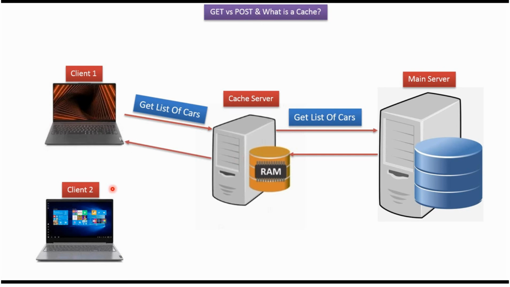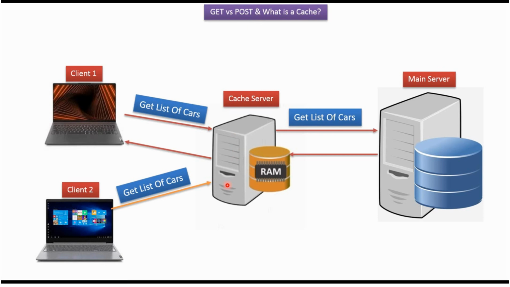The cache server saves the list of cars details in the cache server and then sends it to client 1. Then after some point of time, client 2 requests get list of cars to the cache server. The cache server will check whether the list of cars information is there or not, and it will be there because in the first request it has been saved. So the cache server won't send a request to the main server.